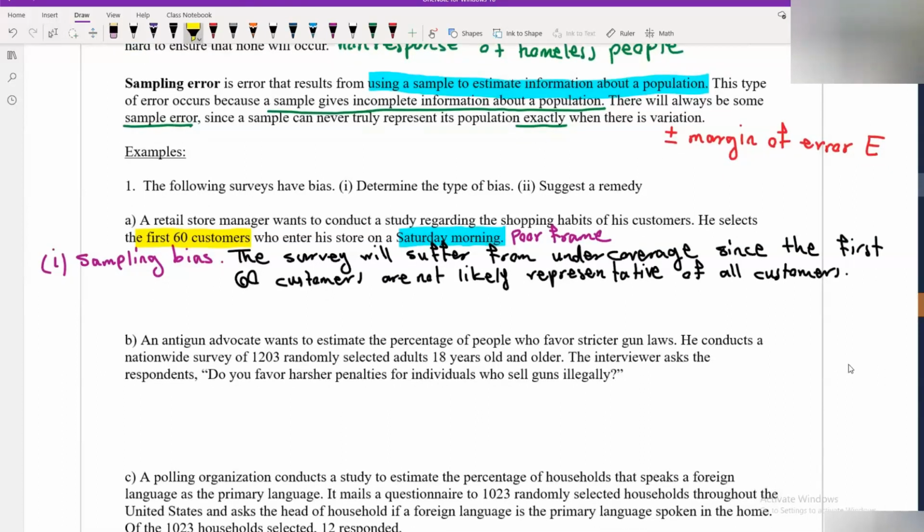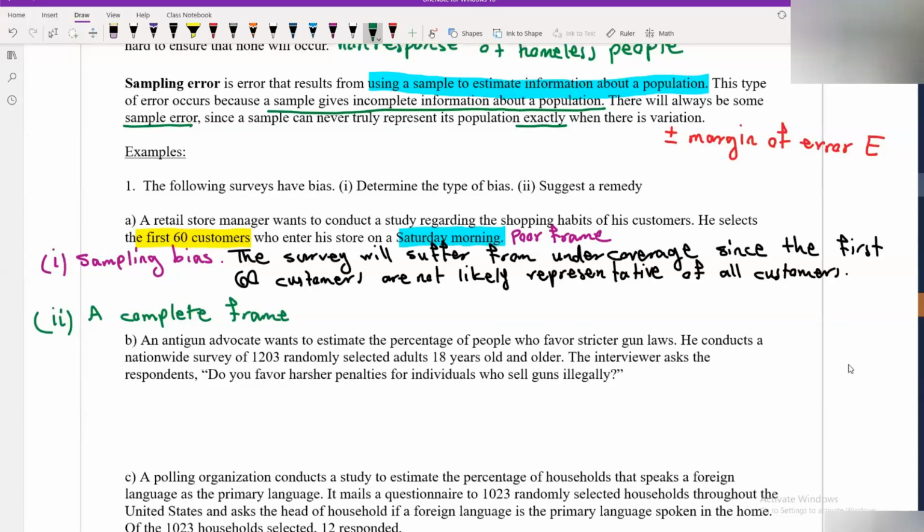Instead of this poor frame, we can have a complete frame. Again, frame is what our population should be.